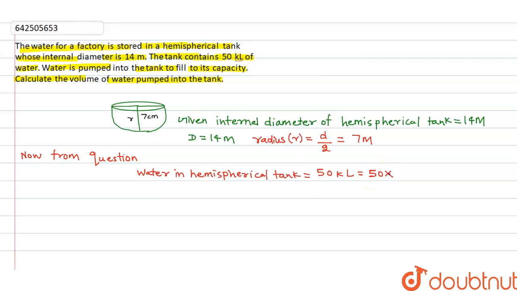You can write kilo as 1000. So this comes out to be 50,000 liter.